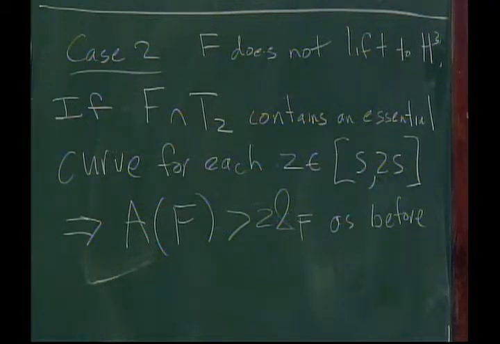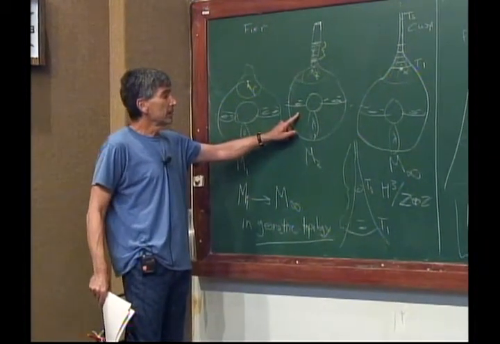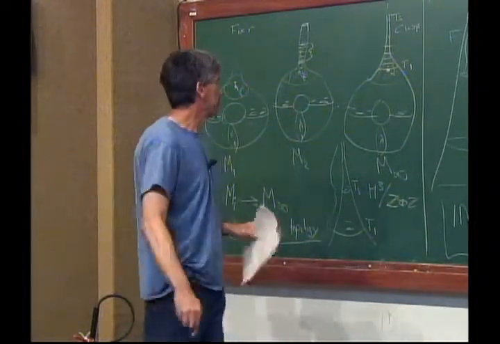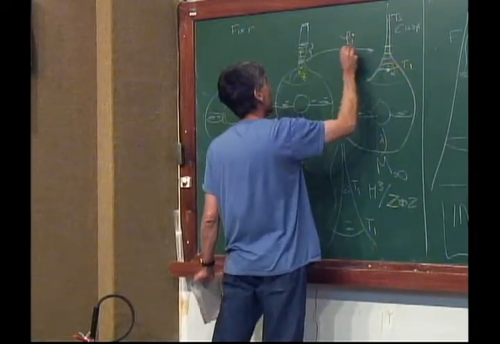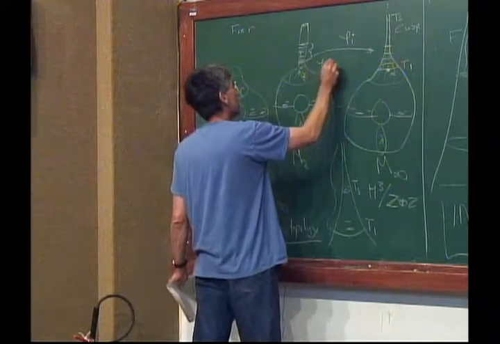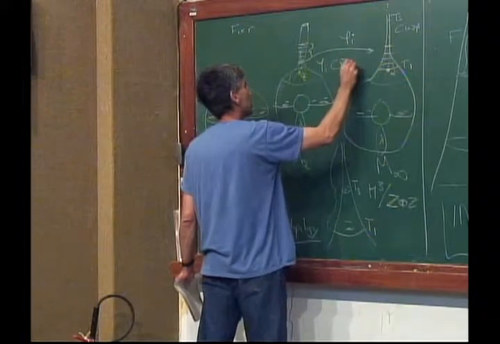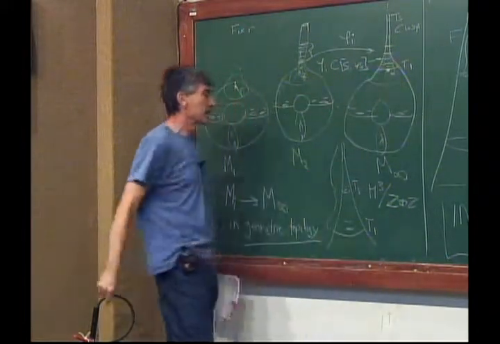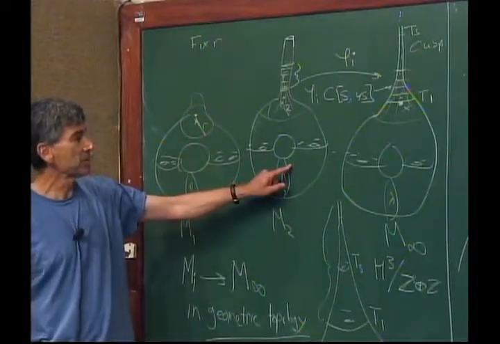Now to finish the proof, you just notice that if each one of these is foliated by minimal surfaces, then because of this geometric convergence, there's diffeomorphisms phi I, where phi I maps the cusp from S, 4S on this manifold to the corresponding interval on this cusp, and these converge to an isometry.